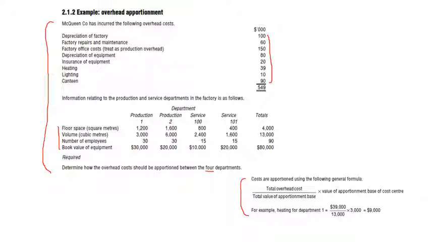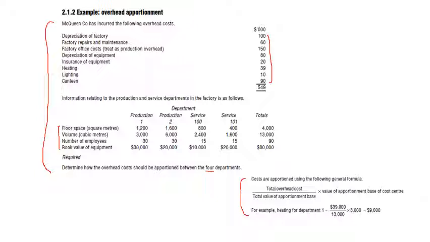So for example, costs are apportioned using the following general formula. For a specific overhead, for example, depreciation of factory 100, you will have to distribute based upon the criteria which they have mentioned here. These are the bases. So total overhead cost divided by total value of the apportionment basis multiplied by the value of the apportionment base of the cost center.